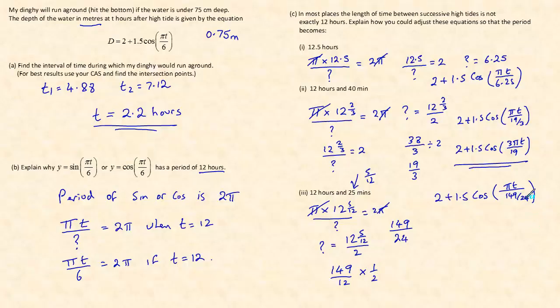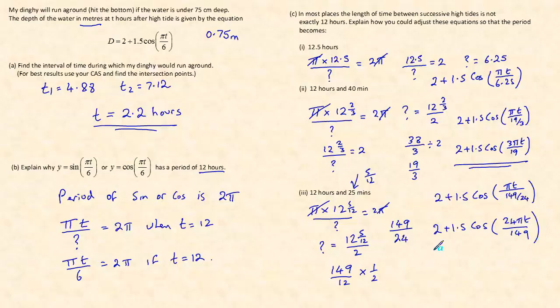Now once again, dividing by a fraction, turn it upside down and multiply. So that's 2 plus 1.5 cos, and then we'll have 24 pi t over 149.